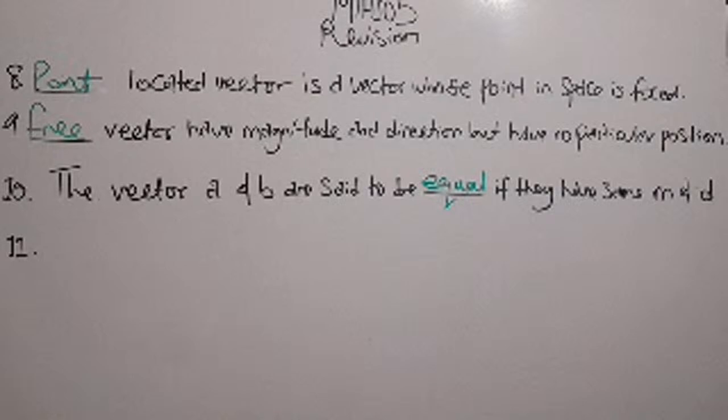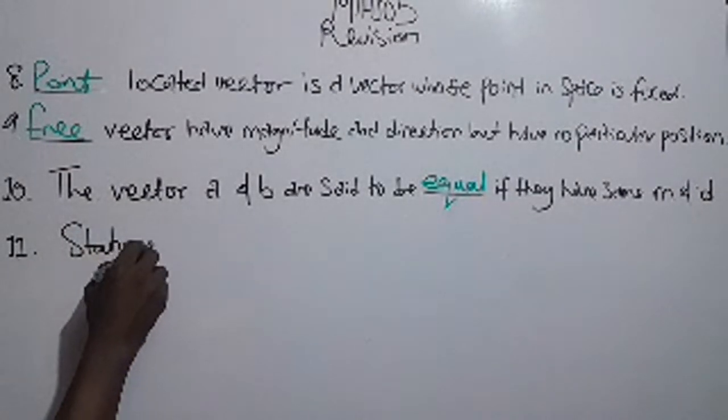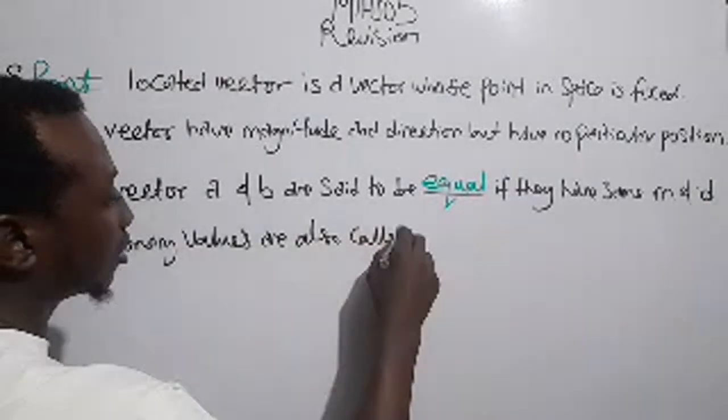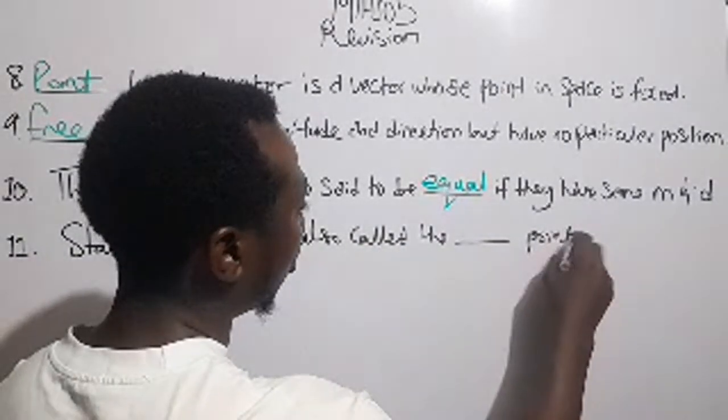Question 11. Stationary values are also called the dash points.